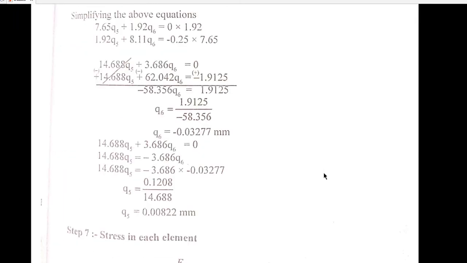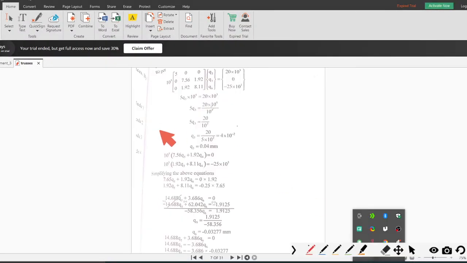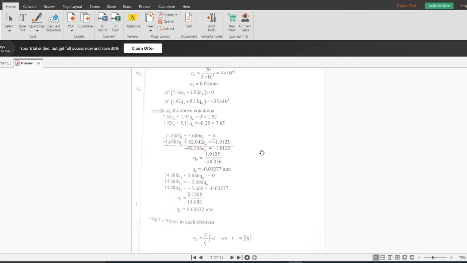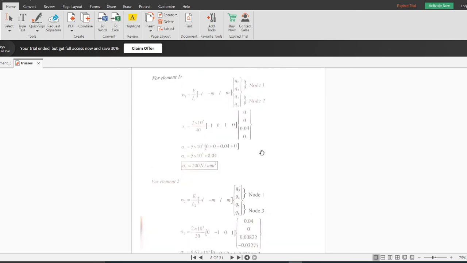Girish, you got these values? Write it all of you. Q3 0.04, Q6 minus 0.032, Q5 0.008 mm.